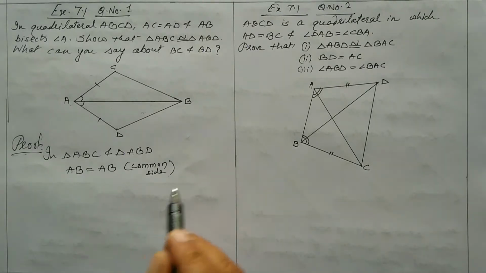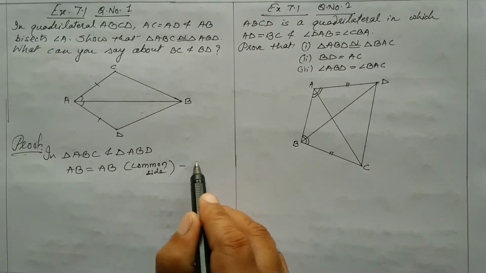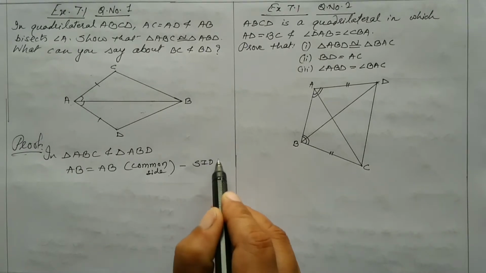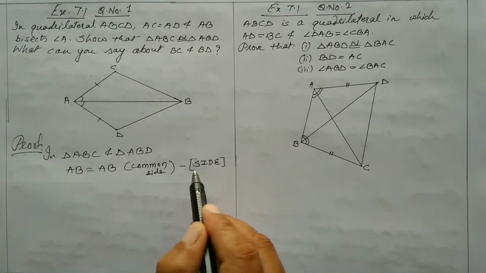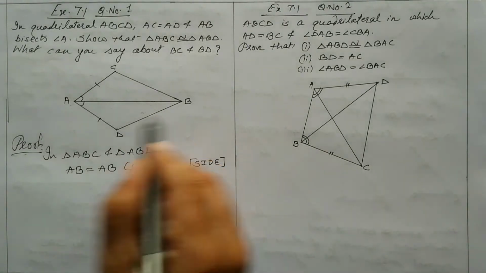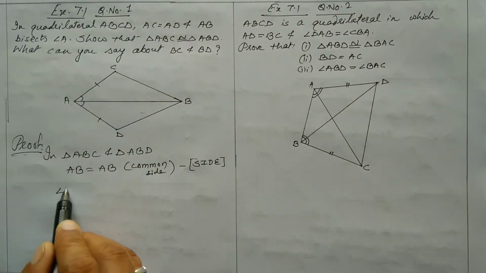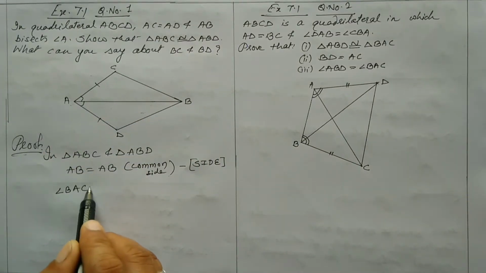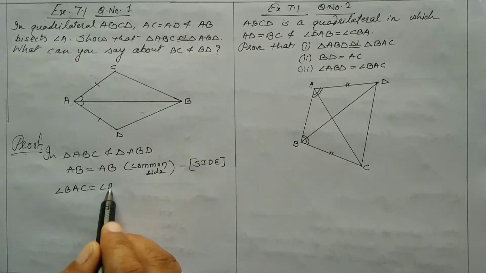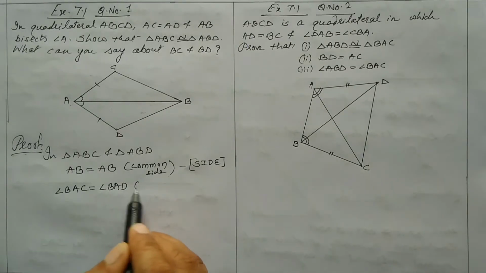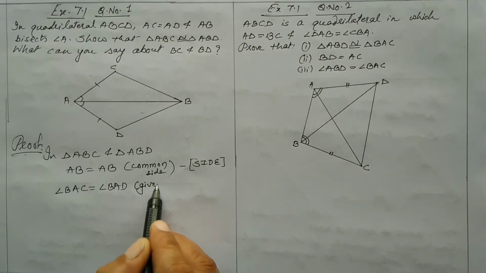Then here I will write for your understanding, it is a side. Then angle BAC is equal to BAD. This is given to us. Why?